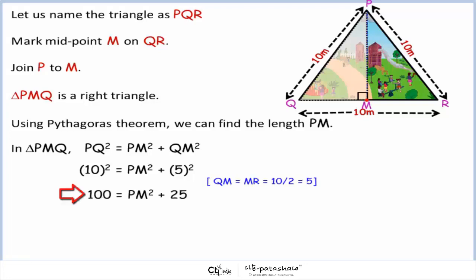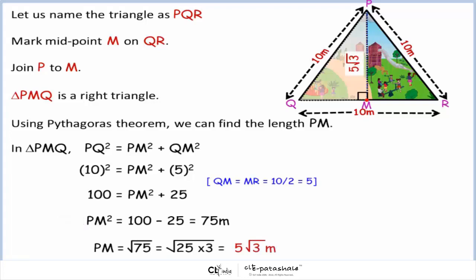So, 100 is equal to PM square plus 25. So, PM square is equal to 100 minus 25, which is equal to 75 meters. So, PM is equal to square root of 75, which is equal to 5 square root of 3 meters.